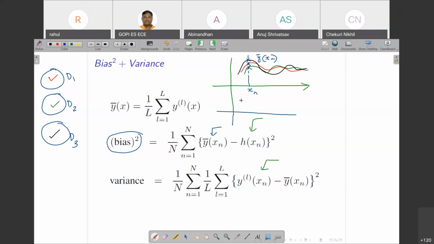For example, in this particular example it is a sine wave, so at that particular xn you are expecting this value. That is my h of xn. Now this average, y bar of xn minus h of xn, is the error you are finding, the whole squared.